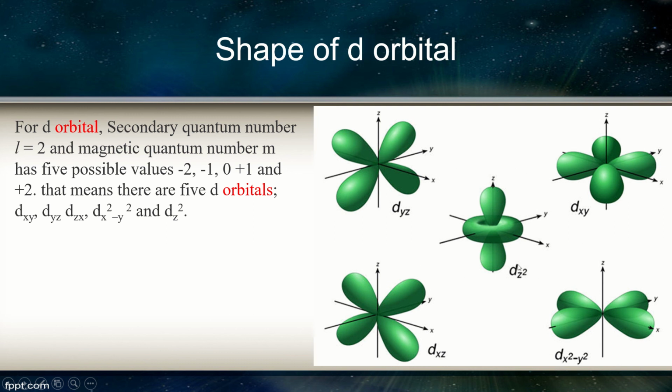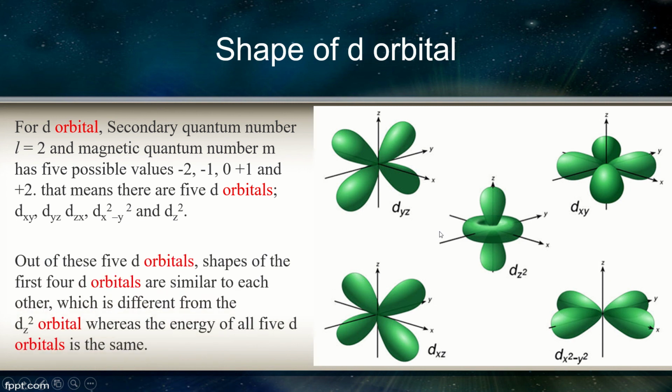That means all these 5 orbitals are the same in energy and their orientations are different from one another. Out of these 5 d orbitals, the shapes of the first 4 d orbitals are similar to each other, which is different from the dz square orbital, whereas the energy of all 5 d orbitals is the same.